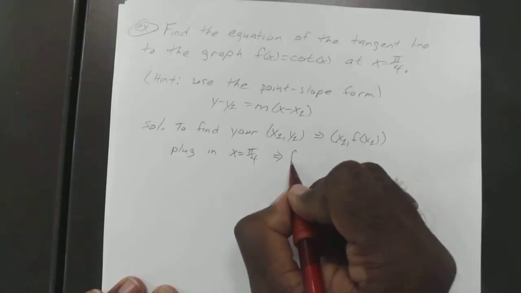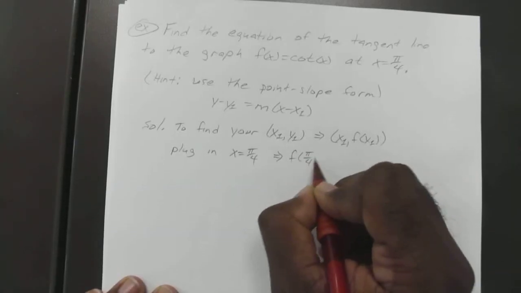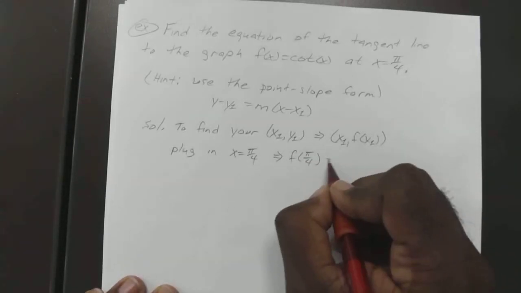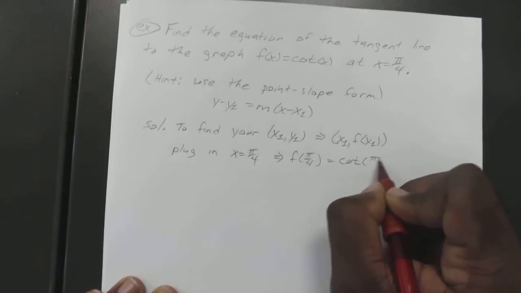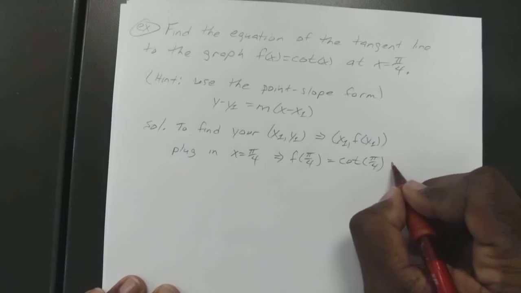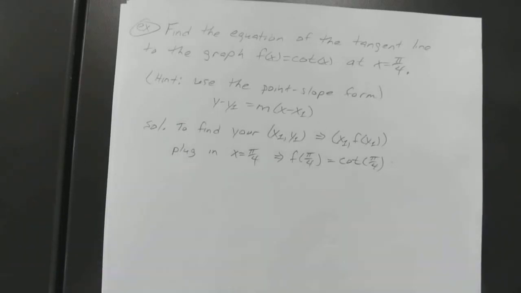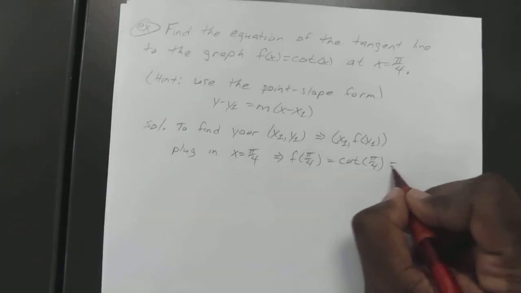So that gives us f of pi over 4, which is equal to cotangent of pi over 4. Remember, cotangent is cosine over sine, so cosine of pi over 4 and sine of pi over 4 are both equal to the square root of 2 over 2, which gives you 1.